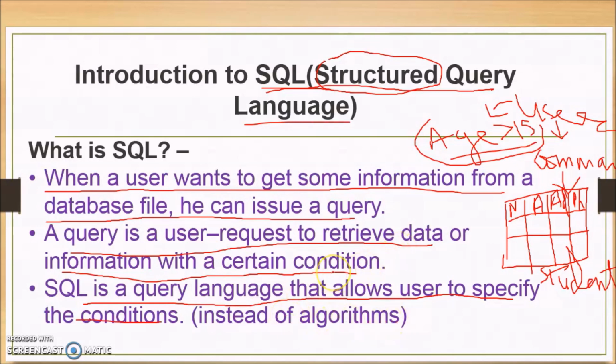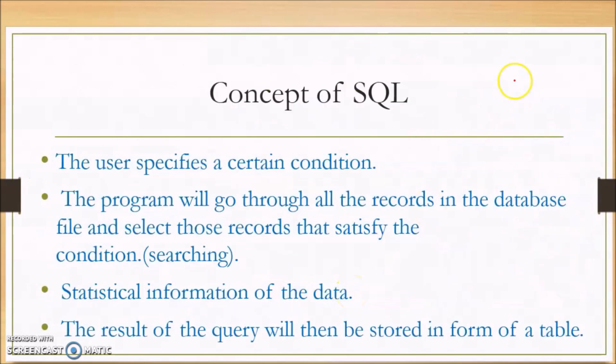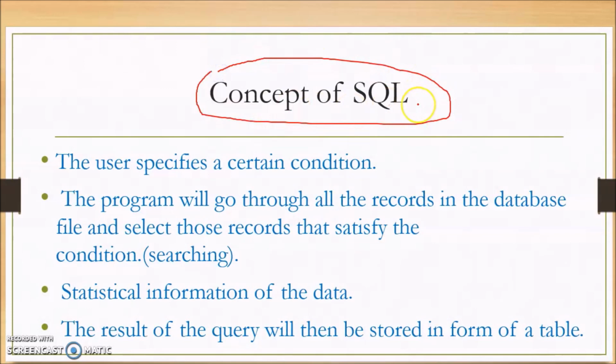But in SQL we are providing a proper command. So we would see it further. ठीक है, so that was the intro of SQL, that is, what is SQL. Now we would discuss further in detail the concept of SQL.